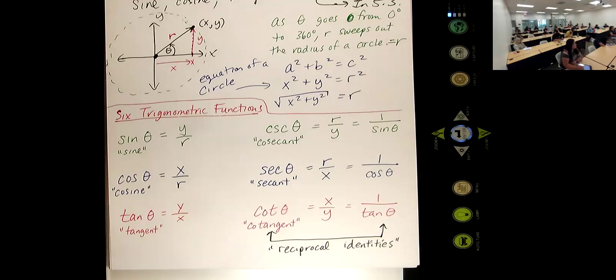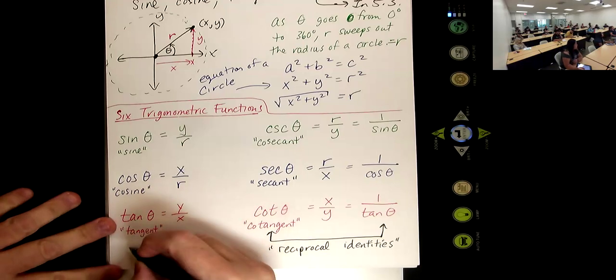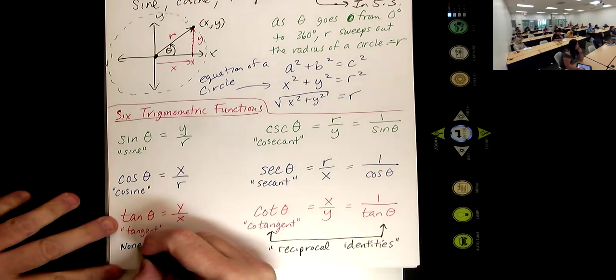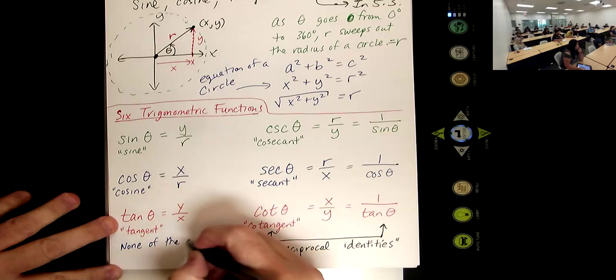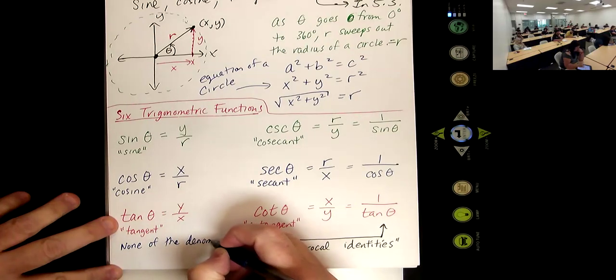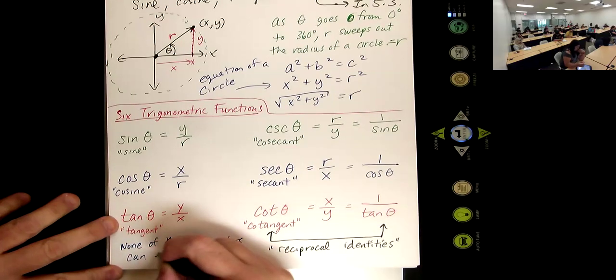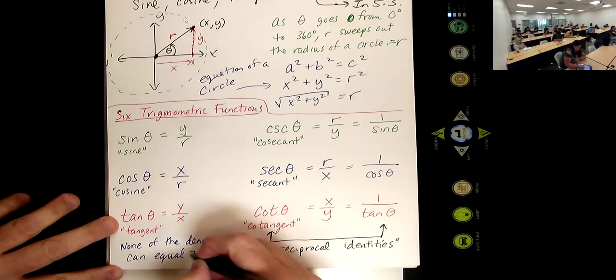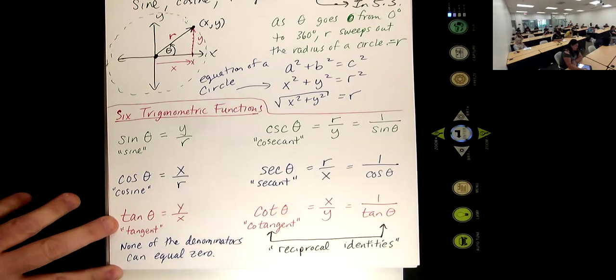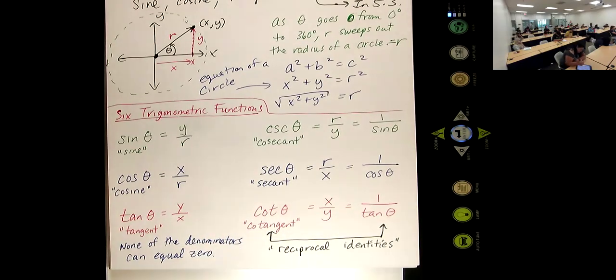Something else to keep in mind, I didn't state it specifically here, but none of the denominators can equal 0. So if x equals 0, tangent theta is not gonna equal a real number.